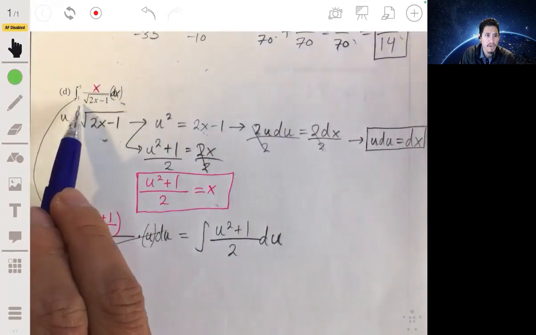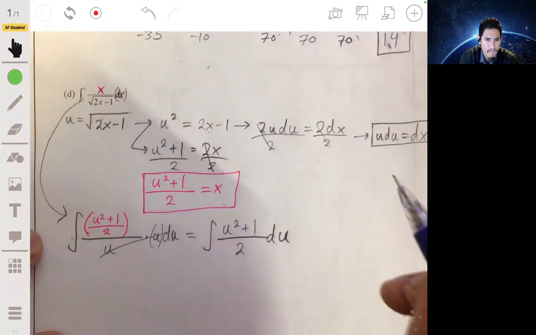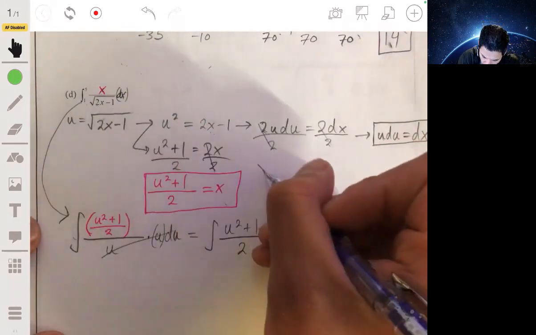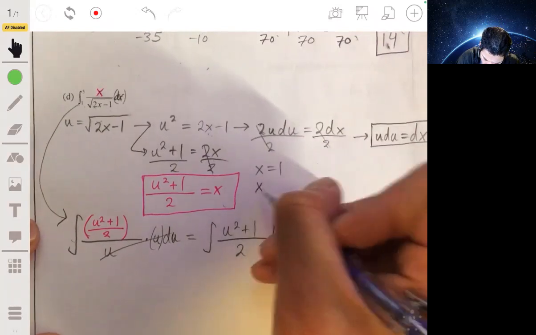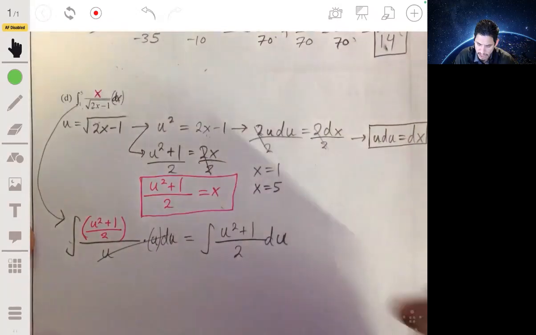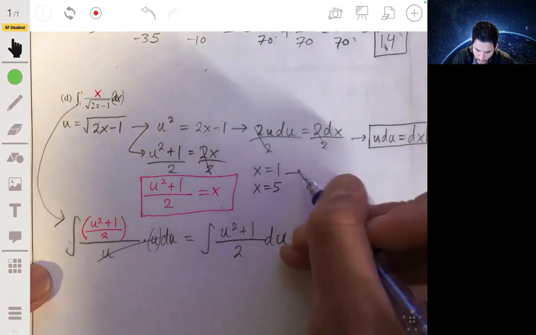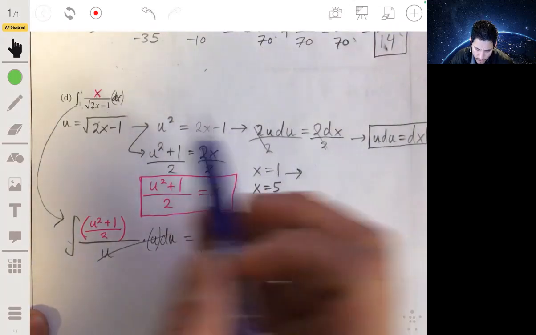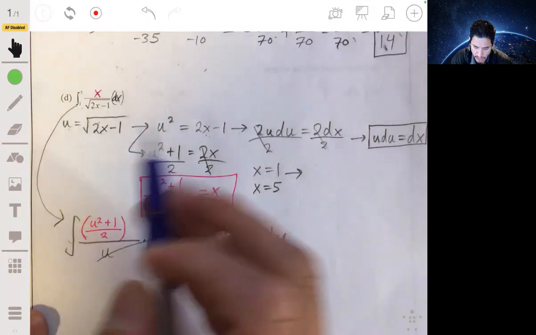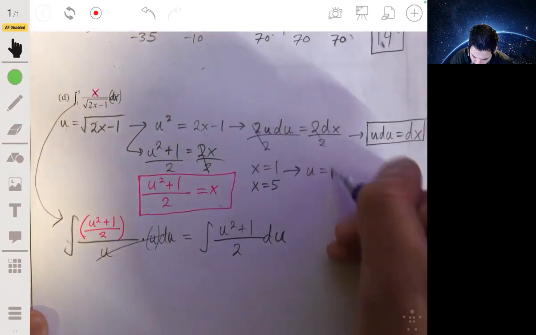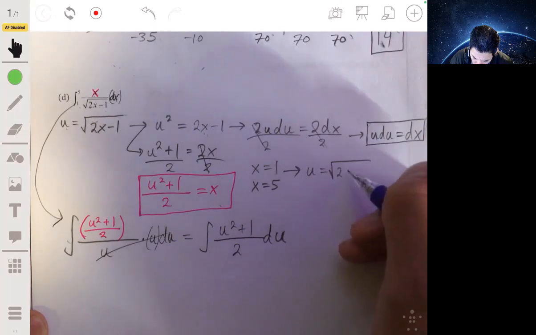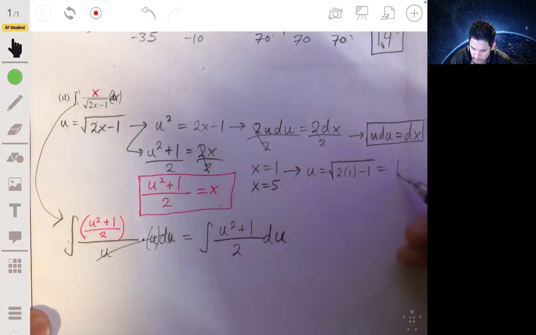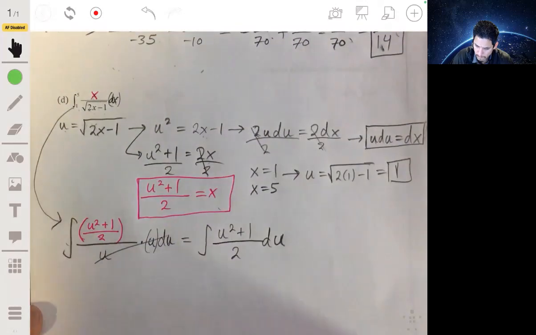Now let's change these endpoints in terms of u. So we have x is 1 and x is 5. And let's rewrite these in terms of u. So when x is 1, u will be the square root of 2 times 1 minus 1. So u will just be the square root of 1. So u will just be 1.